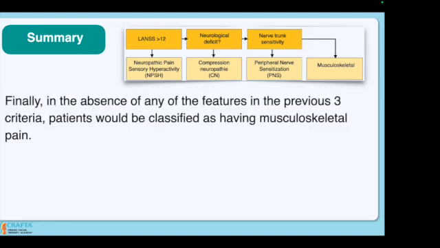Finally, in the absence of any of these features in the previous three criteria, patients would be classified as having a musculoskeletal pain. So of course, it still could be a typical muscle pain, what you have here. Maybe it's just only the cervical spine. Maybe it's just only hypofunction or hyperfunction of the jaw joint. So a very nice classification, I think. And also the order, again, is first MPSH, then compression neuropathy, then PNS, and then maybe it could be a musculoskeletal problem.